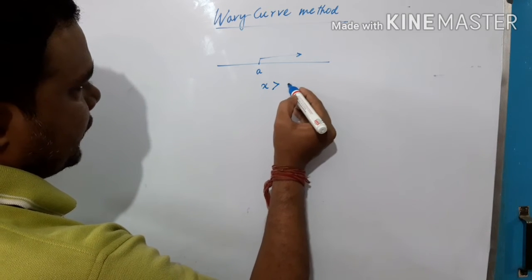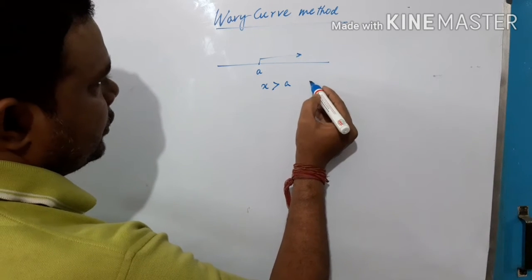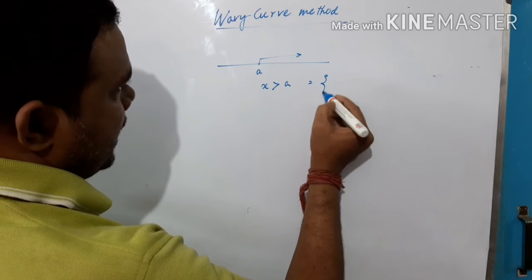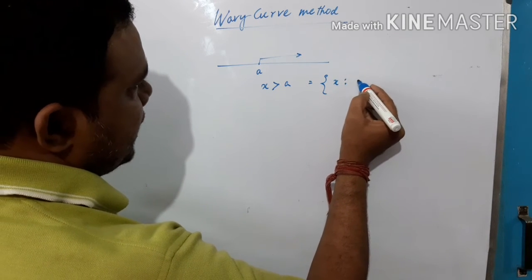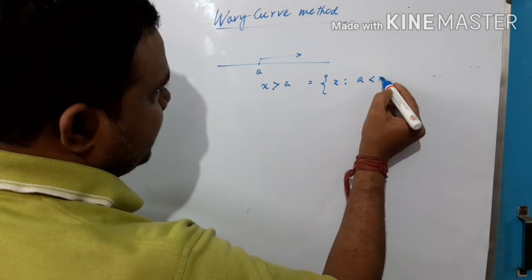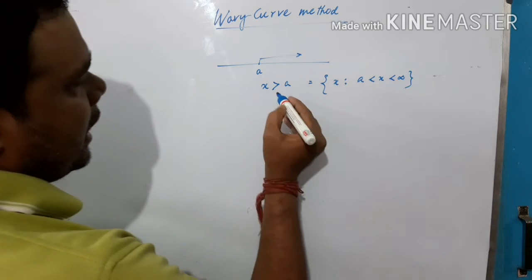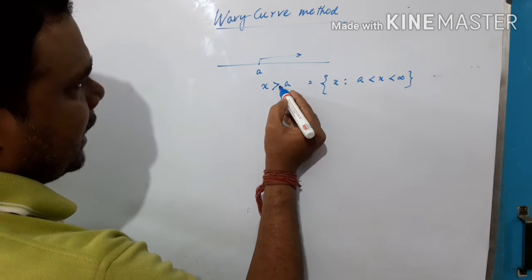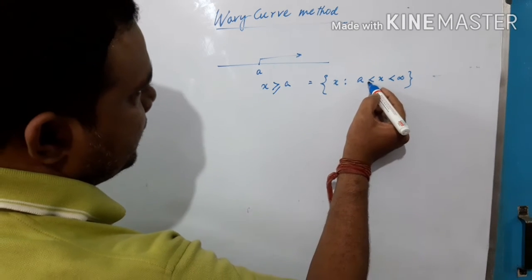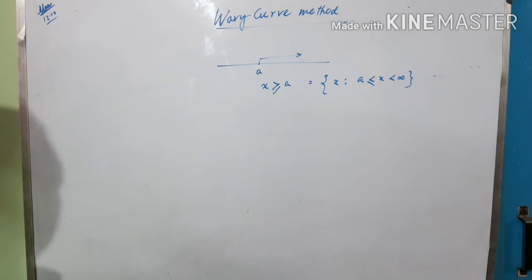So we write x greater than A. So this interval is written as x such that A is less than x less than infinity. Clear? And if x is greater than or equal to A, just here we put an equal to sign.